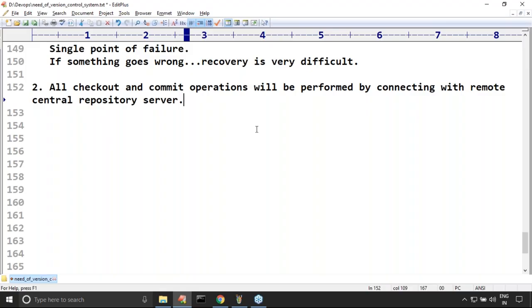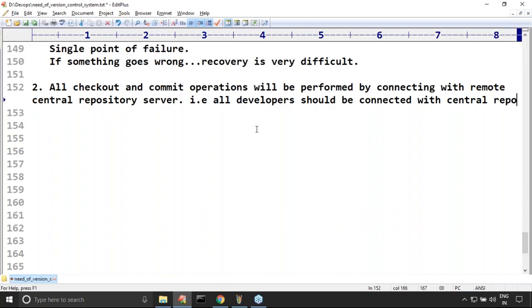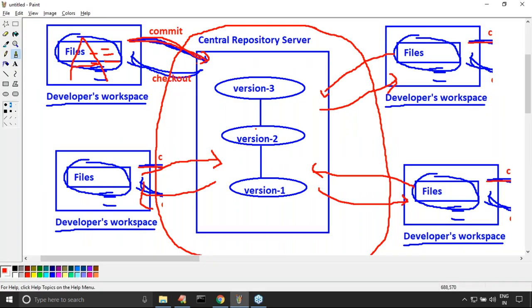So all developers should be connected with the central repository always, correct or not? The central repository should always be connected, because every version control operation should be performed with the central repository server only.